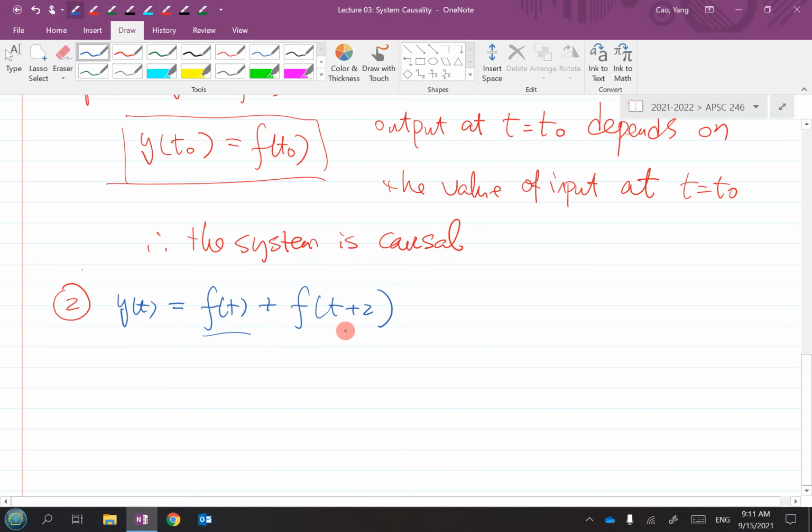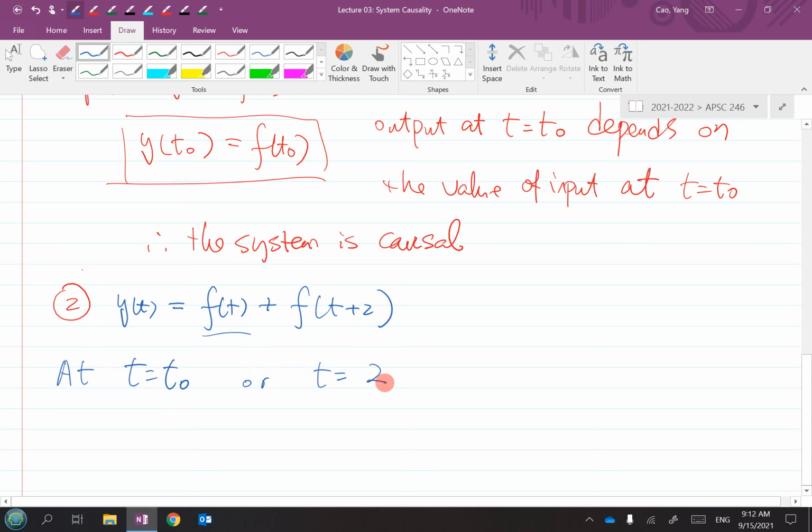So now the question, of course, is we want to check if the system is causal or non-causal. How do we check this? We have to check this precisely based on the definition of system causality. According to the definition, you introduce a time instant. Now, if you're not comfortable with the symbol t naught, you can certainly use an actual value, for example t equal to 2.